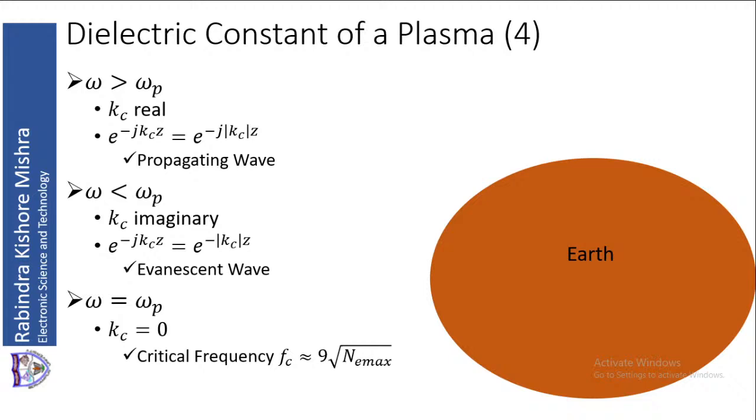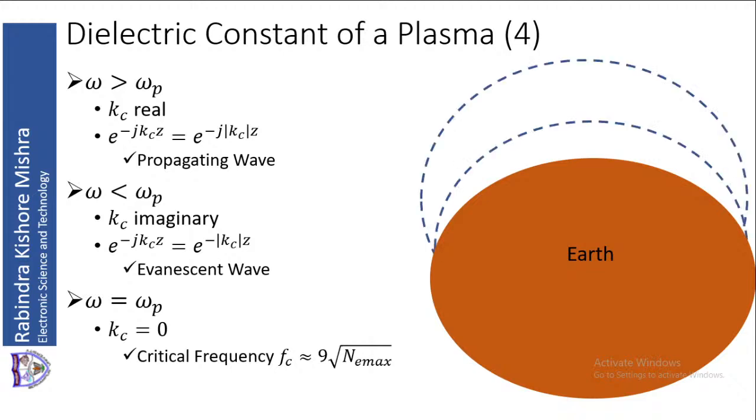That is one factor. Now for electrons, the highest frequency at which the reflection occurs is Fc, which is the reflection at normal incidence. So if you make a normal incidence, the highest frequency for which the reflection occurs is called the critical frequency. Remember this.